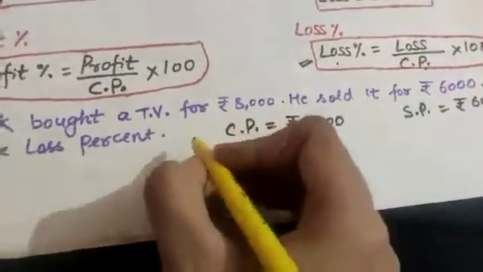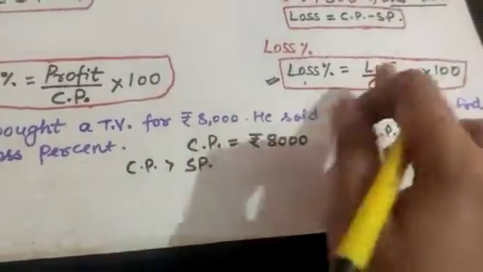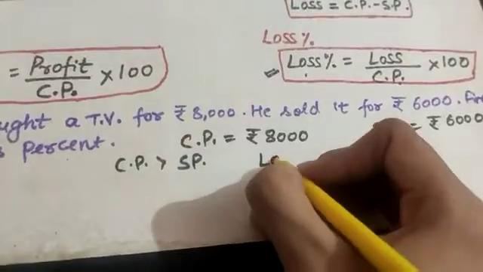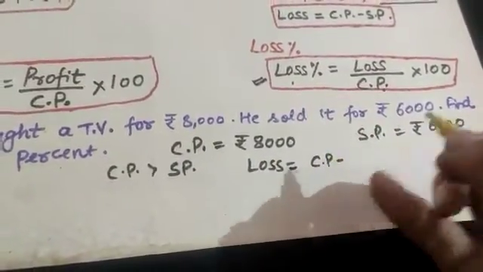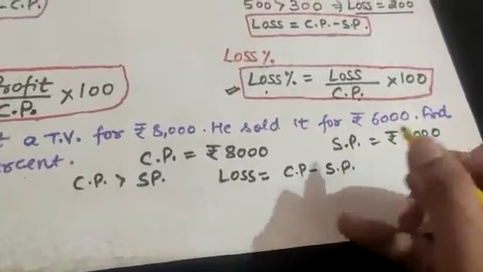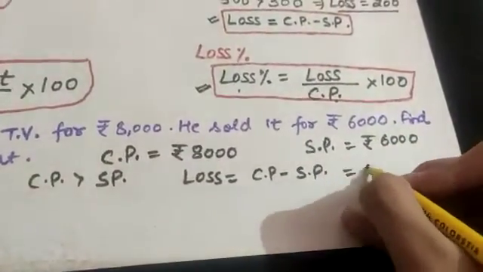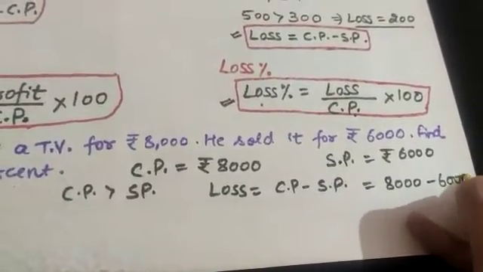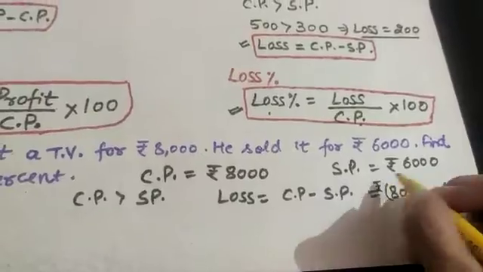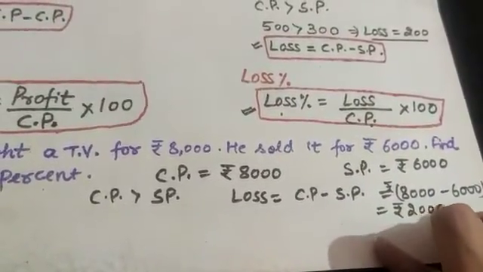That means a loss happened and we have to calculate the loss. So loss is equal to CP minus SP. This is the formula of loss. CP minus SP, that means 8,000 rupees minus 6,000 rupees. That means a loss of 2,000 rupees occurs.